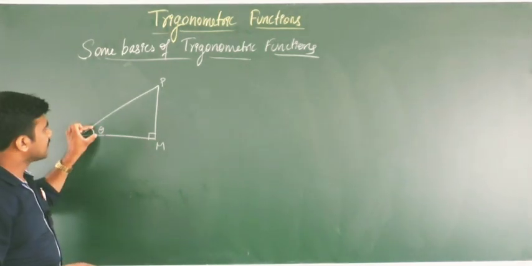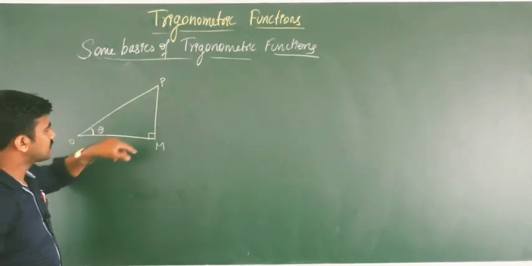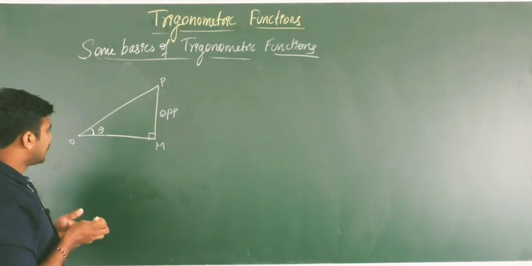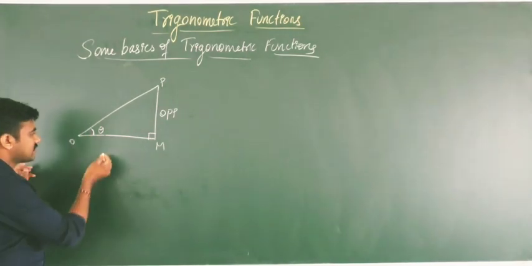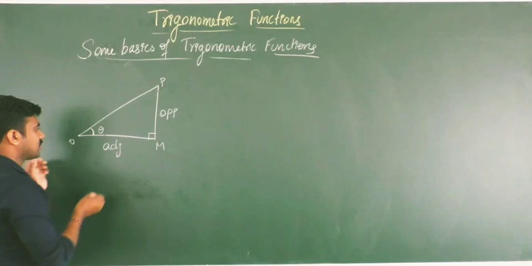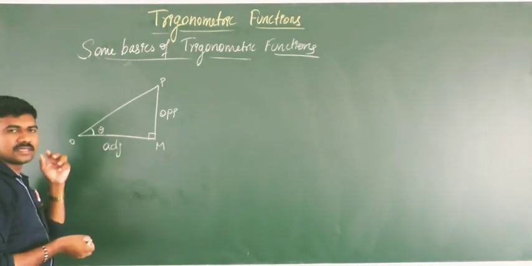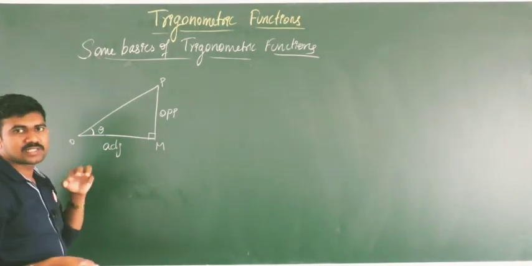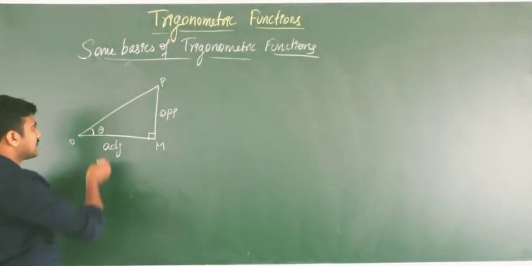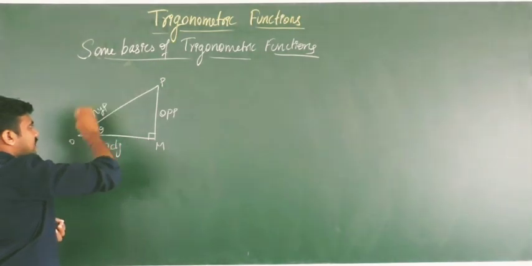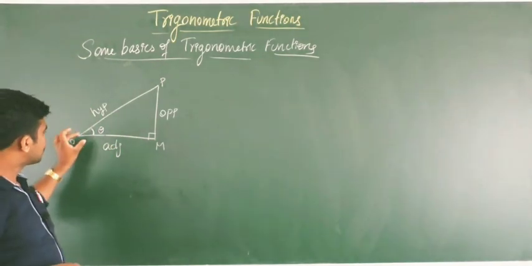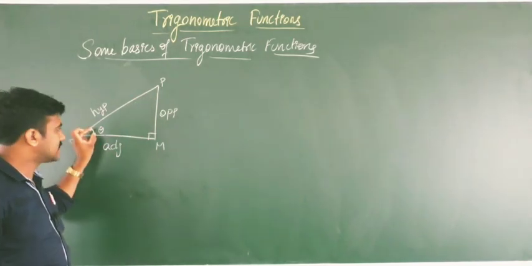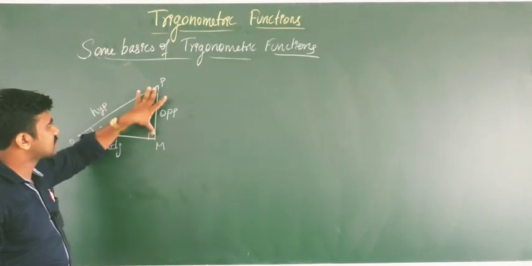For this angle, we know the side PM is the opposite side. The nearest side is the adjacent side. For this angle theta, this is the adjacent side, and the third side, the longest side of the right angle triangle, is called the hypotenuse, which we write as HYP.